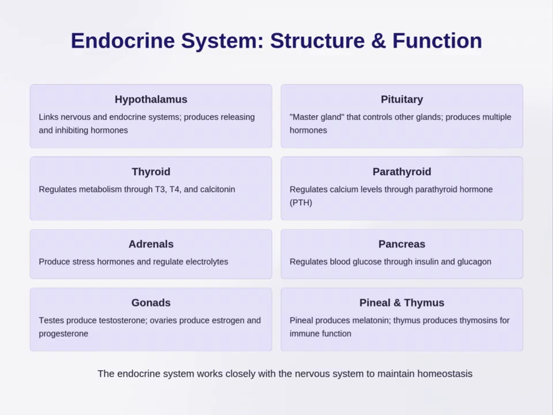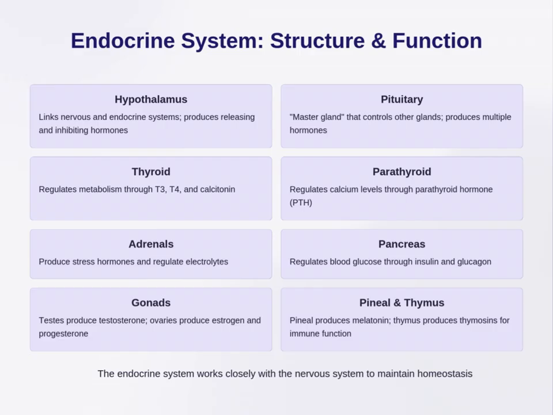The thyroid, which regulates metabolism, parathyroid, which regulates calcium levels, your adrenal glands, which produce stress hormones, like have you ever heard of adrenaline, and regulates electrolytes, your pancreas, which produces blood glucose through insulin and glucagon, or it regulates it.